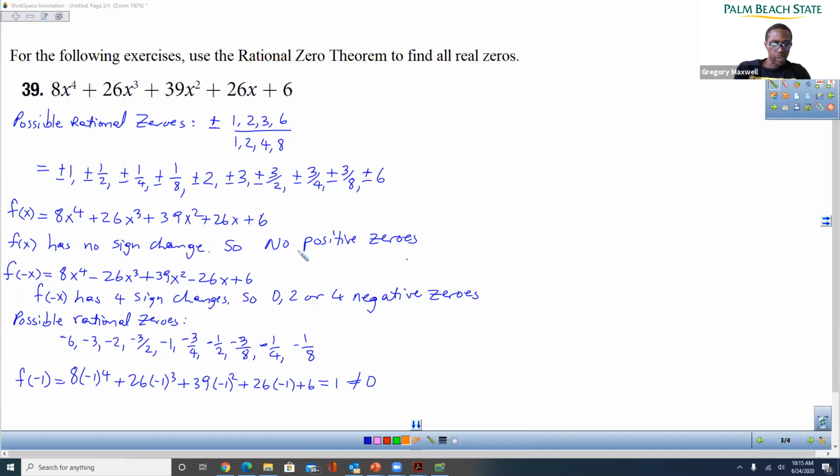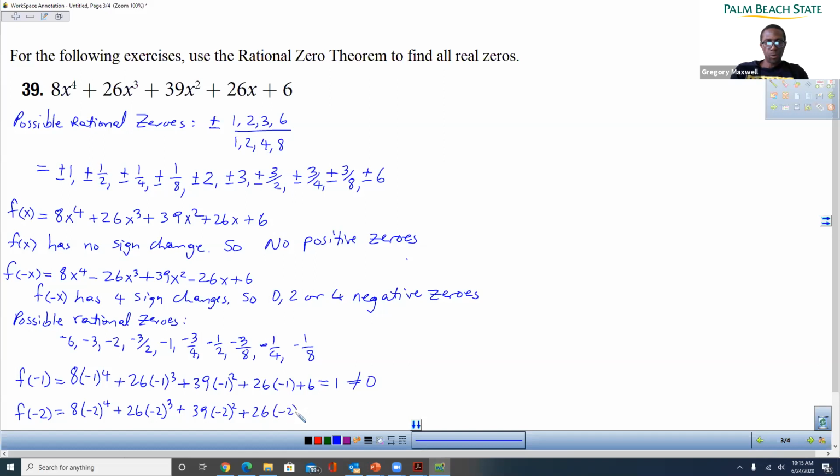All right, next one. Let's try another one. F of -2. 8 times -2 to the 4 plus 26 times -2 cubed plus 39 times -2 squared plus 26 times -2 plus 6. What do we get for that one?